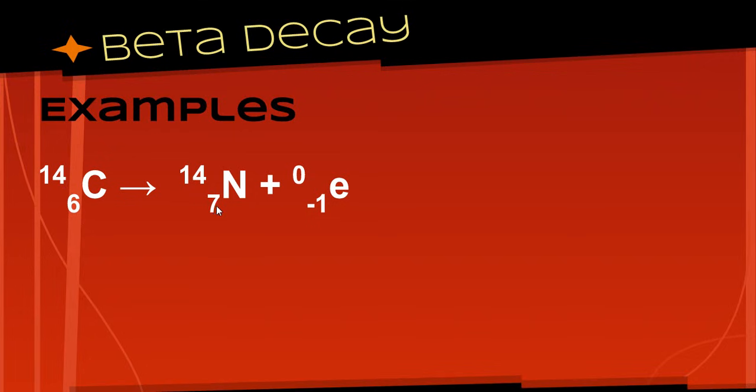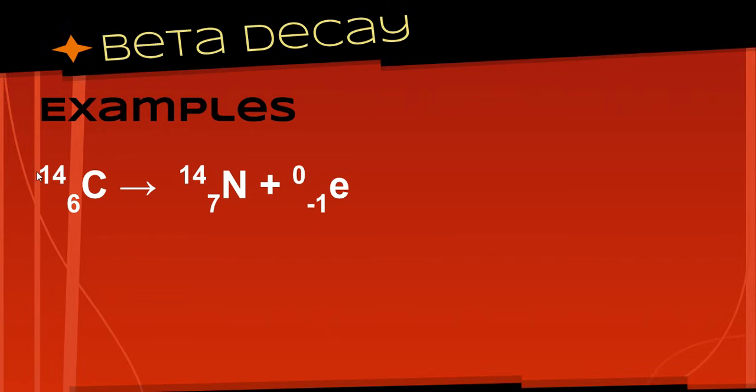So now we notice we have an atomic number of 7, and our mass number is still 14 because instead of having 8 neutrons, now we have 7 neutrons. Instead of having 6 protons, we have 7 protons. 6 and 8 is 14, 7 and 7 is 14. So our mass number remained the same. Then we notice right here, indication of a beta particle. So that's a beta decay.